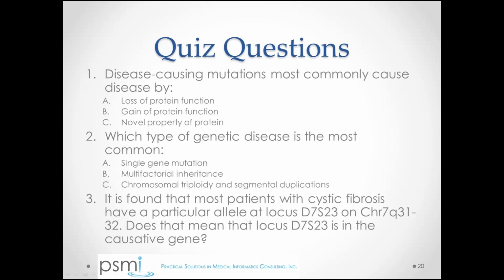A real mathematical discussion of linkage disequilibrium we're not going to cover, but hopefully the conceptual notion is clear: you have a locus that's near the disease-causing gene, and if you look at alleles of this particular locus and you see that certain alleles co-occur with cystic fibrosis with a higher than random chance, then that tells you that the cystic fibrosis gene is probably near this particular locus because of linkage disequilibrium.